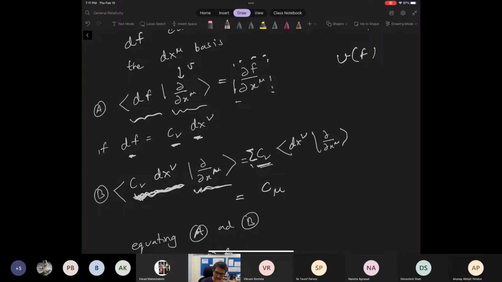And so the summation and the coefficients are pulled outside, and then I take the inner product of dx nu with partial x mu.